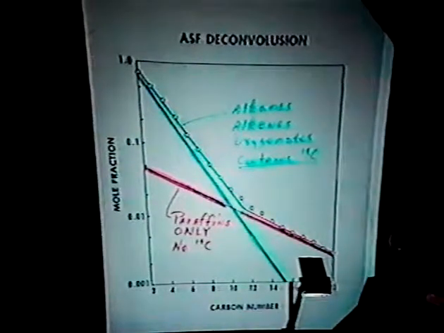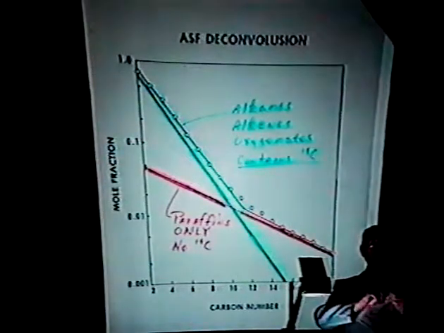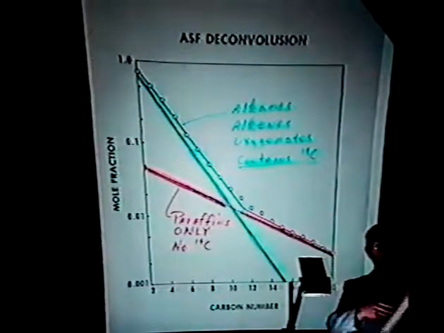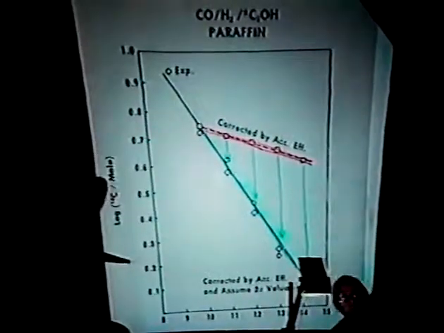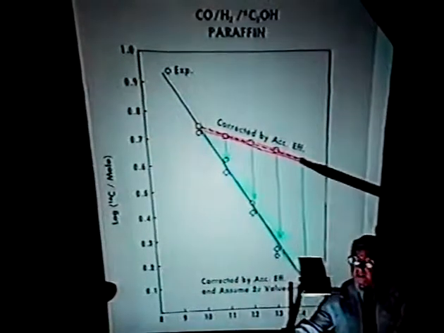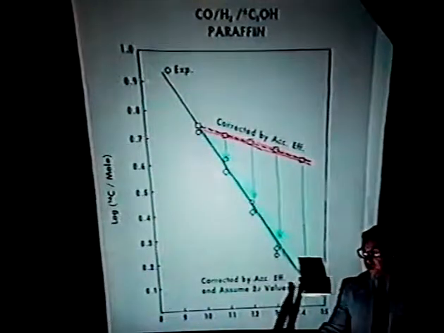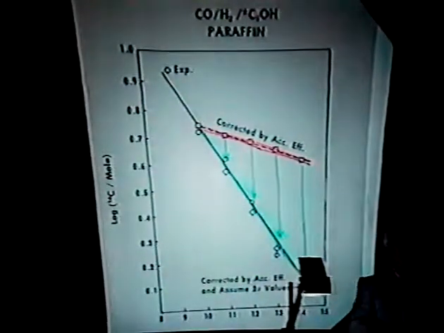If we make those two assumptions and use the alpha values that we obtained experimentally, so that we correct first for accumulation, and then we correct for the two alpha values, one of which produces paraffins only without carbon-14, then the accumulation gets you here, and the two alpha value gives you these calculated values.